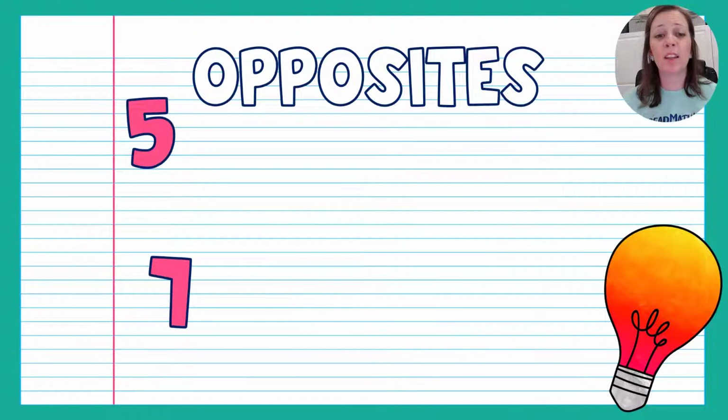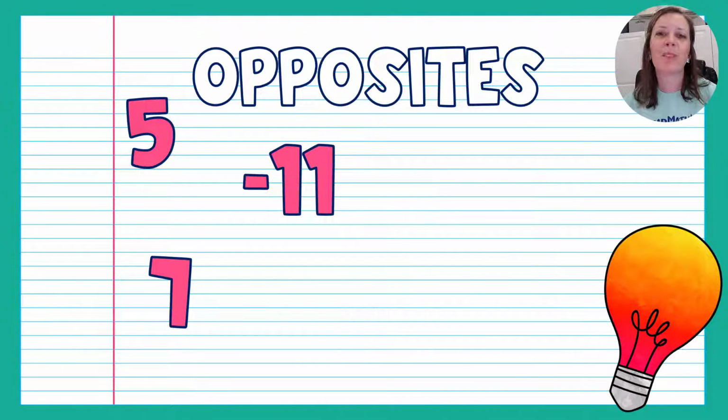Same situation. 7 is 7 spaces to the right of 0, so the opposite is 7 spaces to the left, which would be -7. What about -11? Yeah, this one is a positive 11 because -11 is 11 spaces to the left, so the opposite is 11 spaces to the right of 0, which is a positive 11.